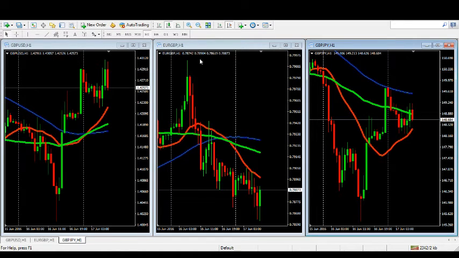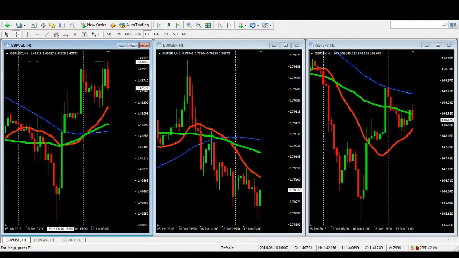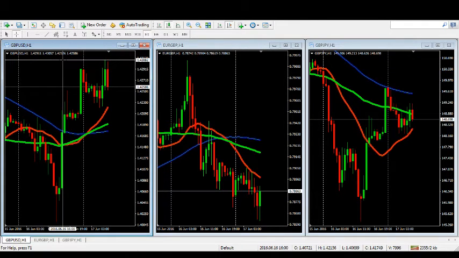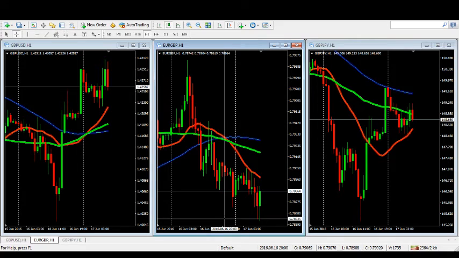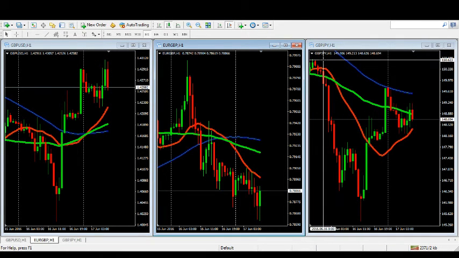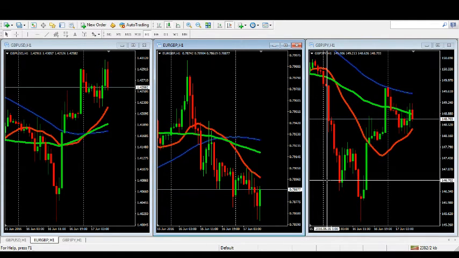On a weekly basis, Great Britain pound is trying to break 143, and there is consolidation for euro Great Britain pound around the 0.78600 level. For Great Britain pound JPY, 150.60 is the top and the peak is 145.